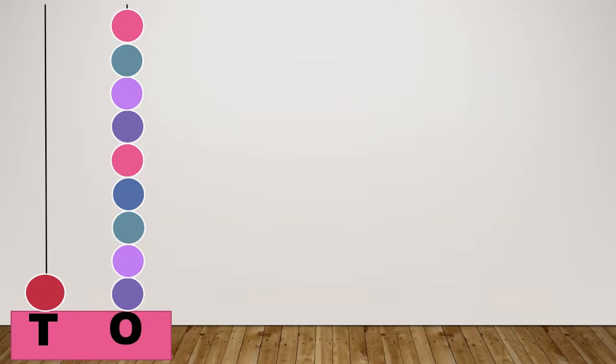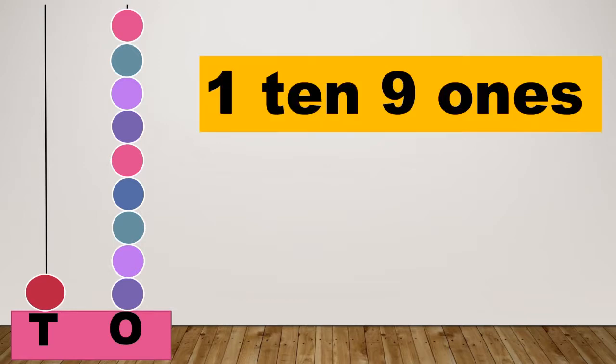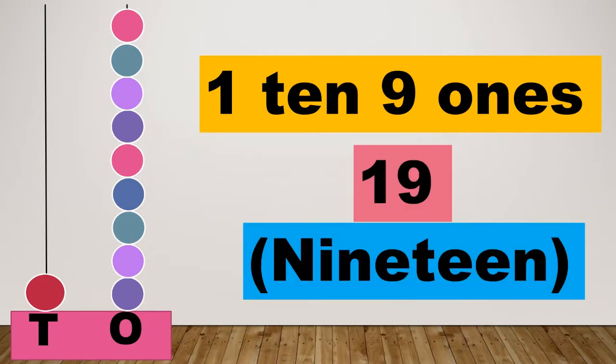So in ones place 9 ones and in tens place 1 bead. 1 ten, 9 ones makes 19. NINETEEN, 19.